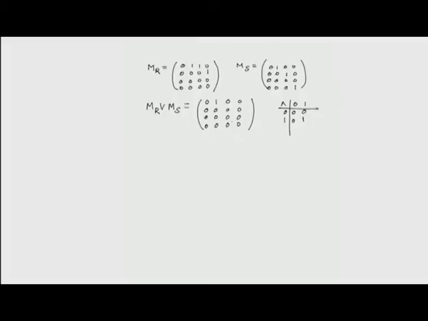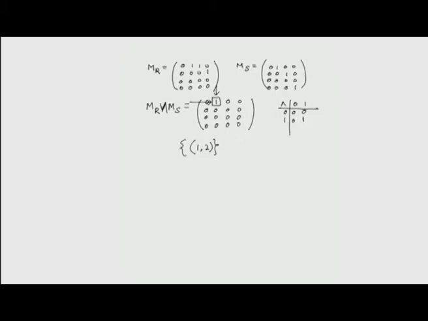Therefore, we have a singleton, and this singleton is the entry first row second column. So, it is 1 2. Therefore, the relation corresponding to the matrix MR, well, here is a mistake, this is AND. So, let me write it down.